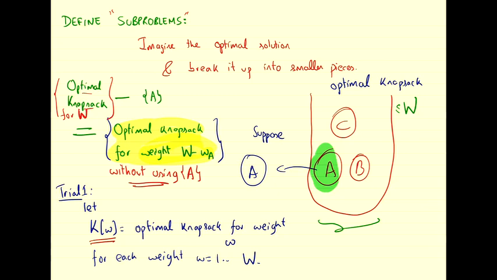Right? This attempt one that we did, this trial one, K of w, is just the optimal knapsack for each weight without telling me which elements are allowed or not allowed. Right? So maybe the next thing to try would be, you'd say, oh, let's ask for the following more general thing. So this is attempt 2.